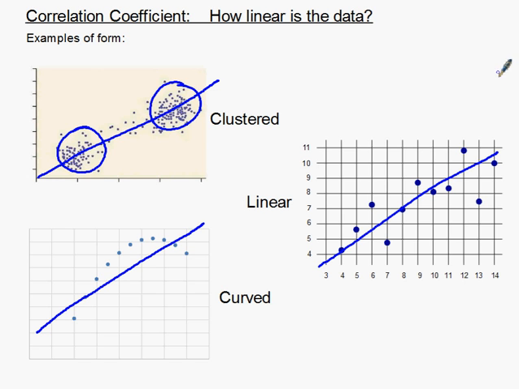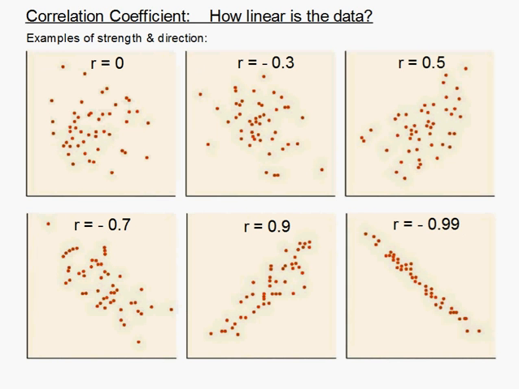So let's get some examples of the different strengths of correlation. We go from -1 to +1. 0 is no correlation. There's no way you could actually fit a line through here. Would the line go this way or this way? Who knows? 0.3 is really difficult to determine.